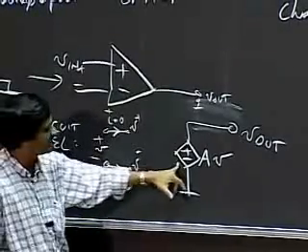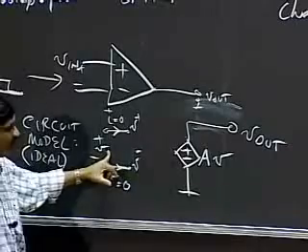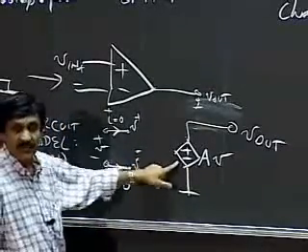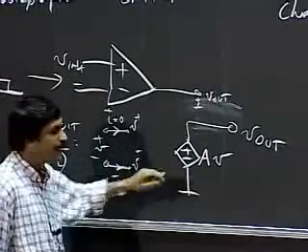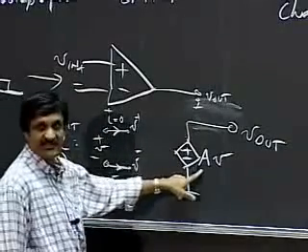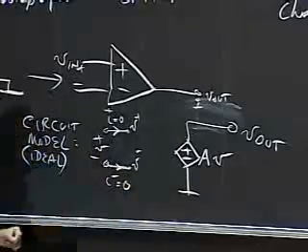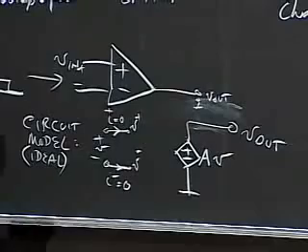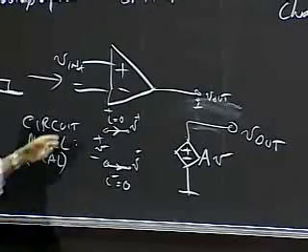And the dependent source here is a voltage-controlled voltage source, such that the output voltage is A times the voltage V across its input. Okay, so this is actually very simple.